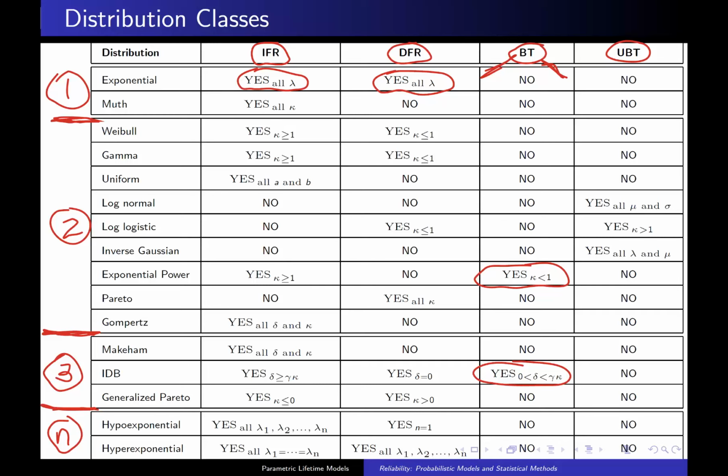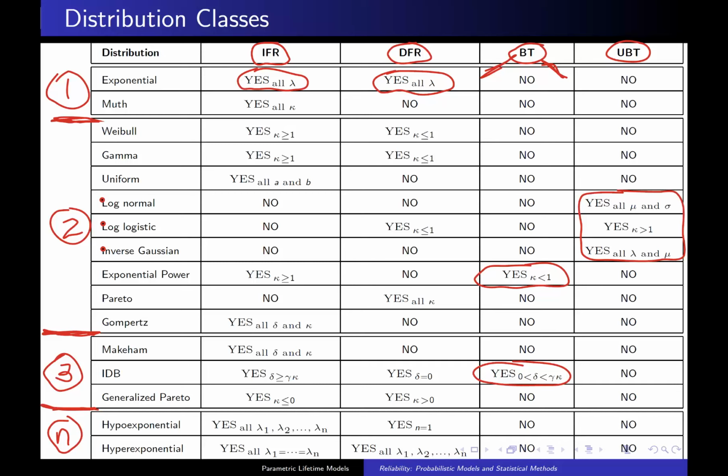So again, not many options in the case of bathtub-shaped lifetimes, and the same is true for the upside-down bathtub-shaped hazard functions. You only have 3 choices, and those 3 choices are the log normal distribution, the log logistic distribution, and the inverse Gaussian distribution.